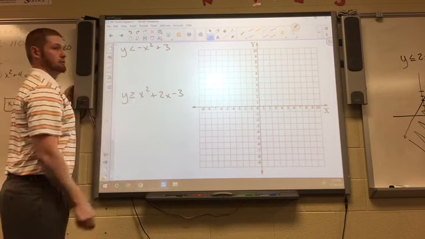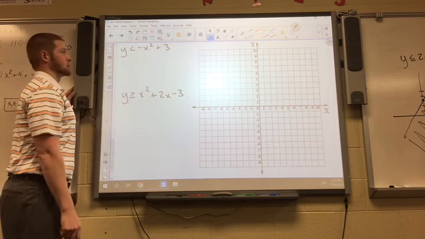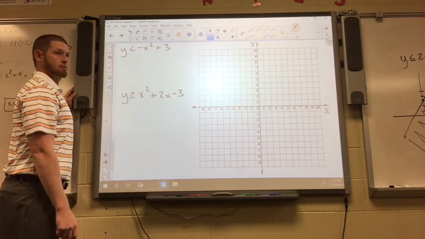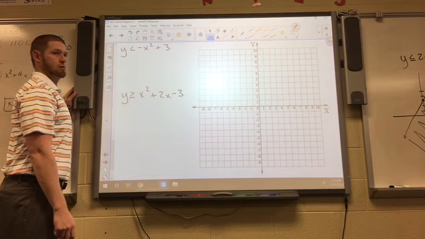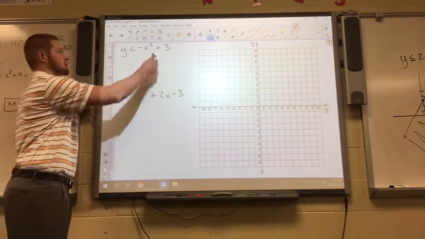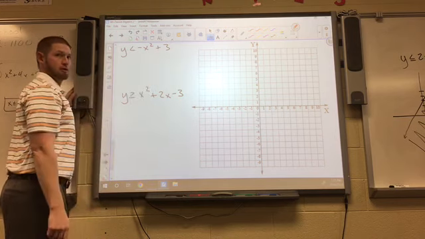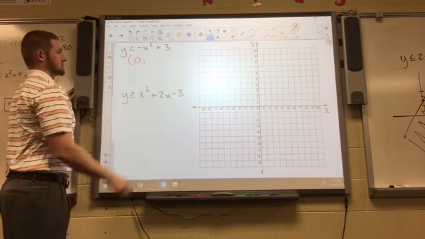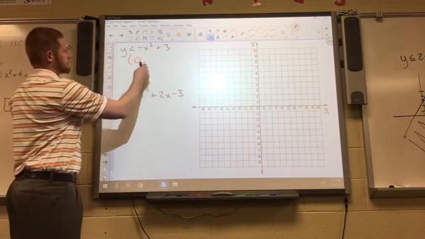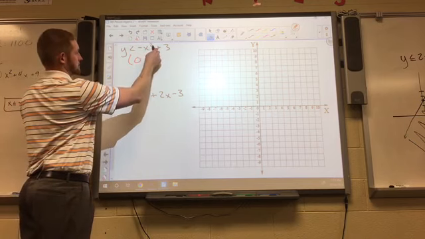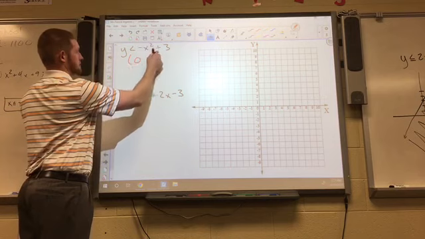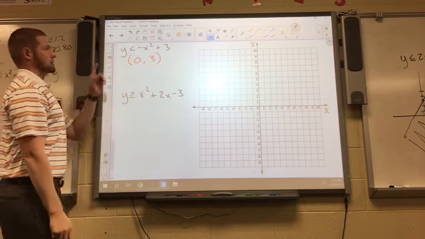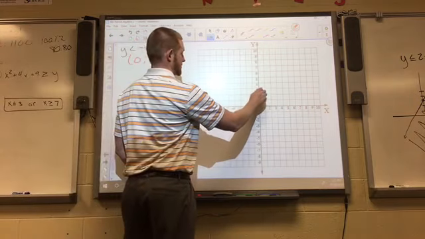my x value of my vertex is going to be what? What's b? Zero. B is just 0 because there's no actual x, right? So if b is ever 0, your x value is automatically 0. So my y value when I plug in x, 0 squared, 0 plus 3, my y value is 3. So I have a vertex at 0, 3.